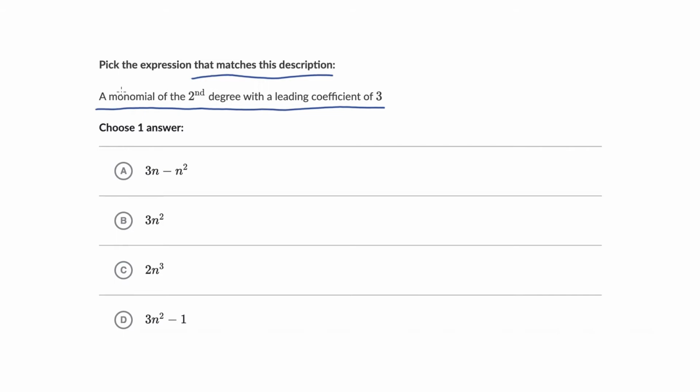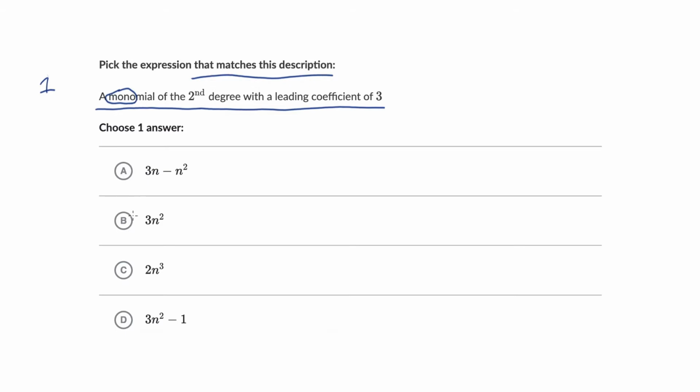A monomial. Wow, what an interesting word. You probably won't hear that too often. Mono means one, if you didn't know that. I'm not sure what other words have mono in them. I'm trying to think, but too late, timer's up. So it means it only has one term.